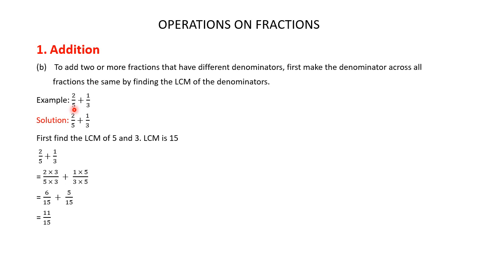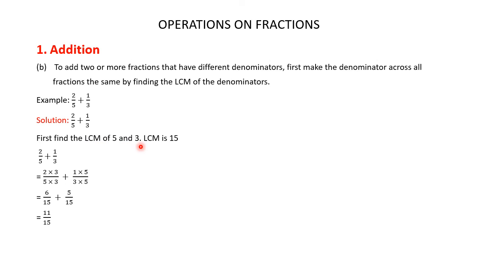Find the value of 2 by 5 plus 1 by 3. So you have to add these two fractions, 2 by 5 and 1 by 3. When you look at these two fractions, you will notice that these two fractions have different denominators. So to make the denominators the same in these two fractions, you have to find the LCM of the denominators 5 and 3.